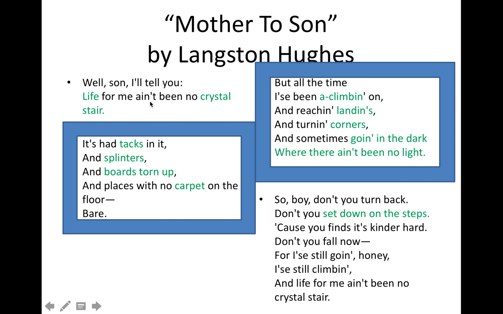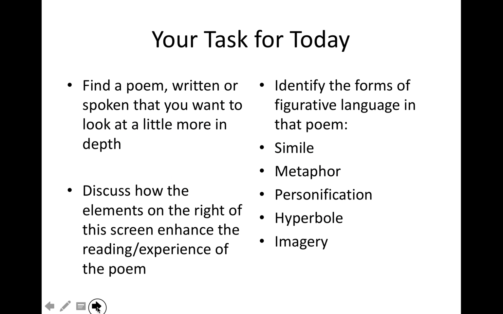So, just like I kind of did here, you'll do that on your own. In the assignment, I highlighted the specific types of figurative language in different colors. And so I think simile might have been like yellow, metaphor was purple, I think. So you'll highlight those as you see them in your poem, the corresponding color.